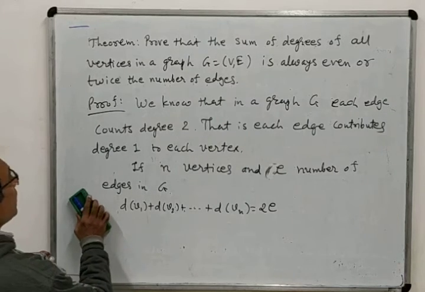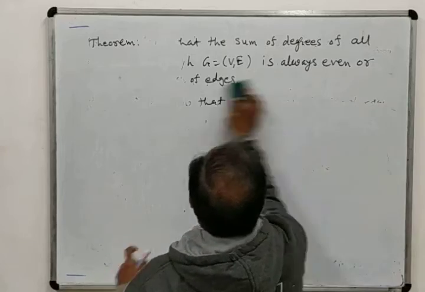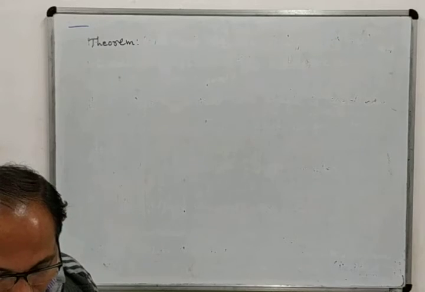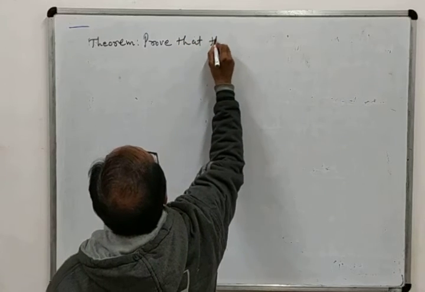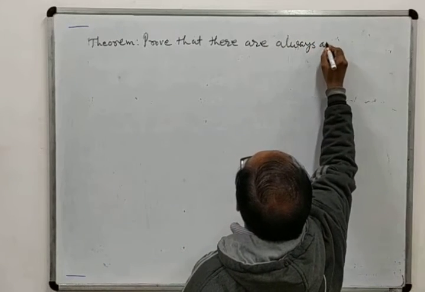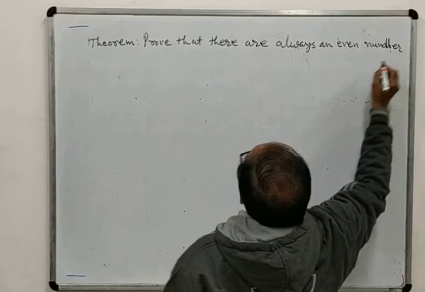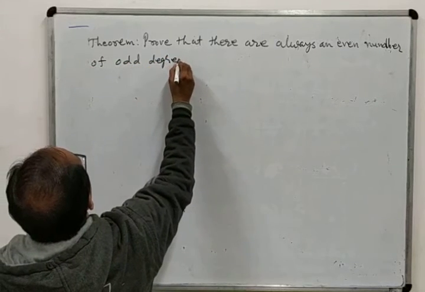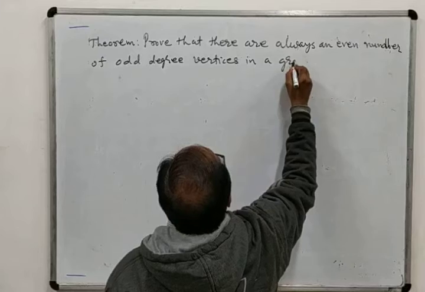Now let us see another theorem. Prove that there are always an even number of odd degree vertices in a graph.